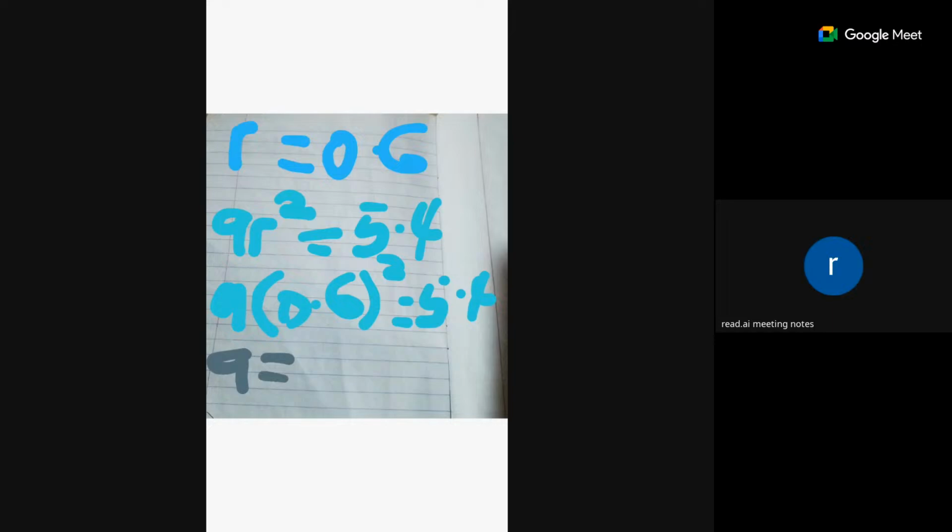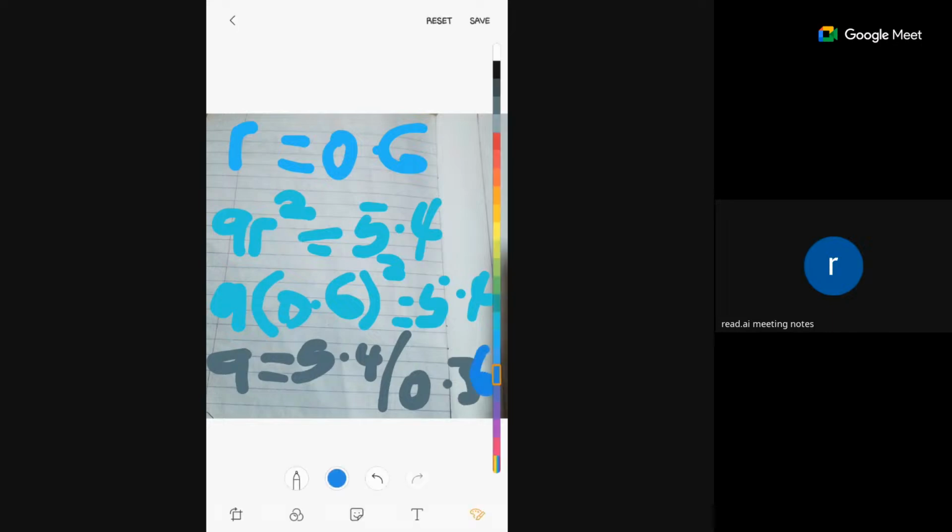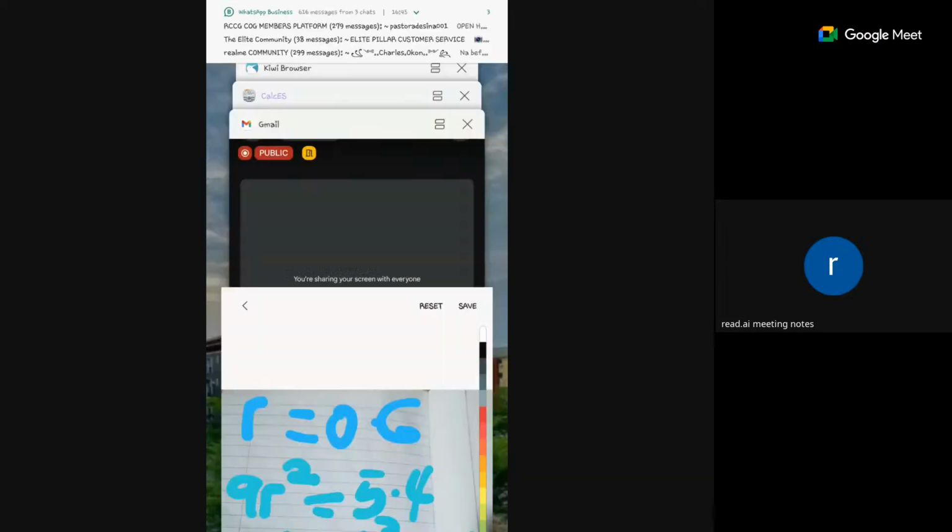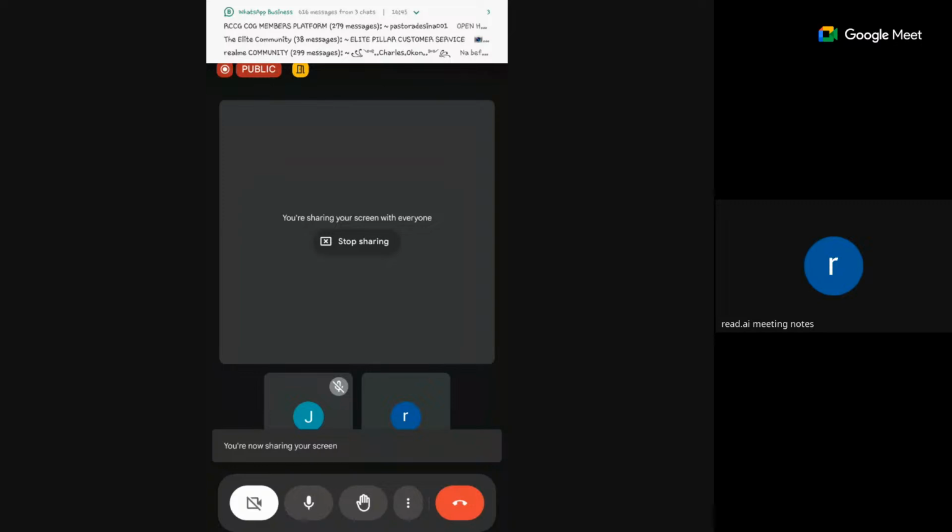So a equals 5.4 over 0.36, because 0.6 square will give us 0.36. So by the time you divide it, you get your final answer. That's the answer. So I want to get the next question.